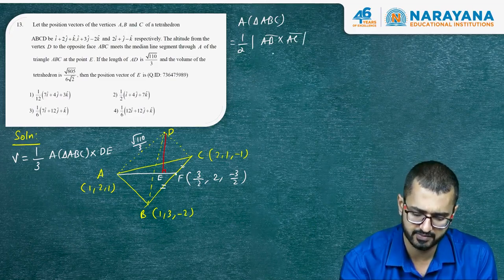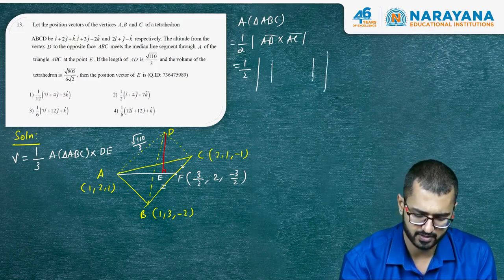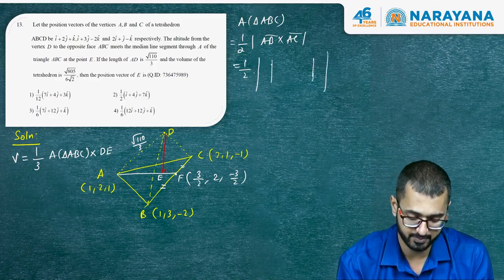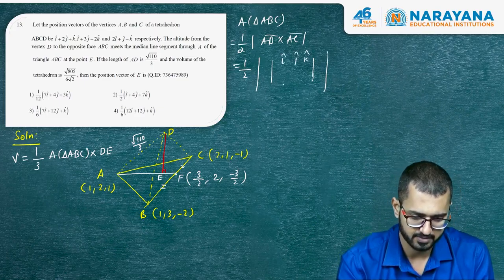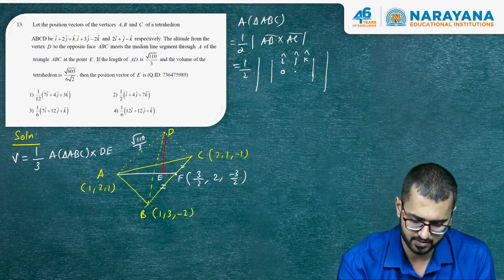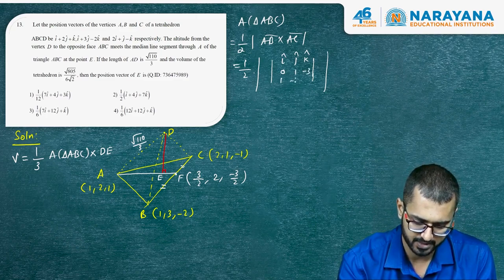So AB cross AC we have got. Let's write down the vectors first. AB means B minus A, which turns out to be (0, 1, -3), and similarly AC we want, which is (1, -1, -2).